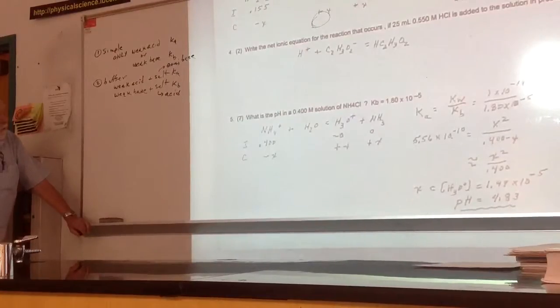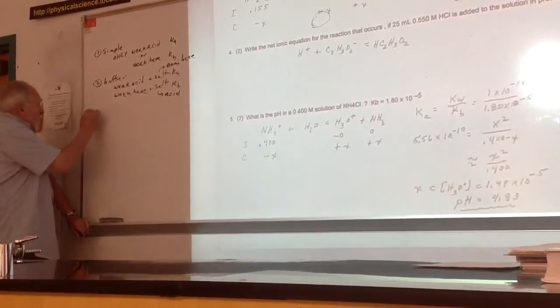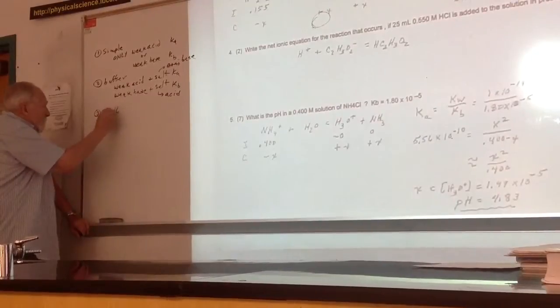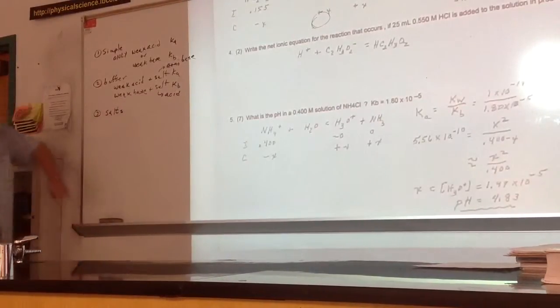And then the third type of problem I talked about, salts. And these are made up of something that came from the acid, something that came from the base. And I said, the ones that come from strong acids and strong bases, you never have to worry about because they're too simple.